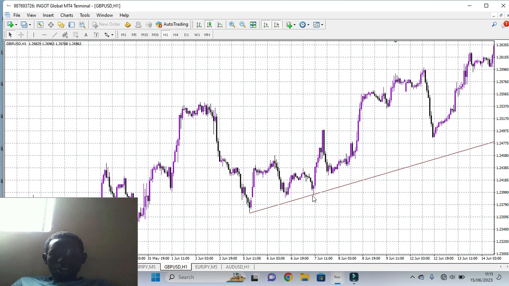So you can see I've just used the two, this point and this point. These are the low points, because you can understand that these areas are the low prices that have been registered.